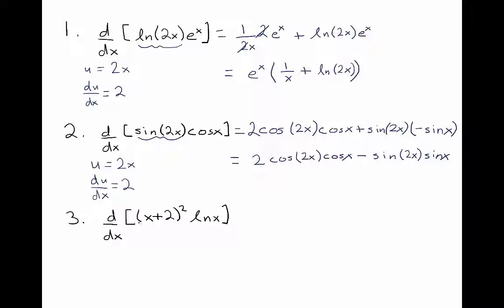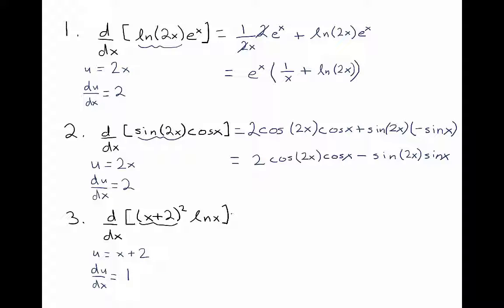So in this first one, when we take the derivative of this part, our u is x plus 2. That's your inside function. So then du/dx is just 1. That's pretty simple.